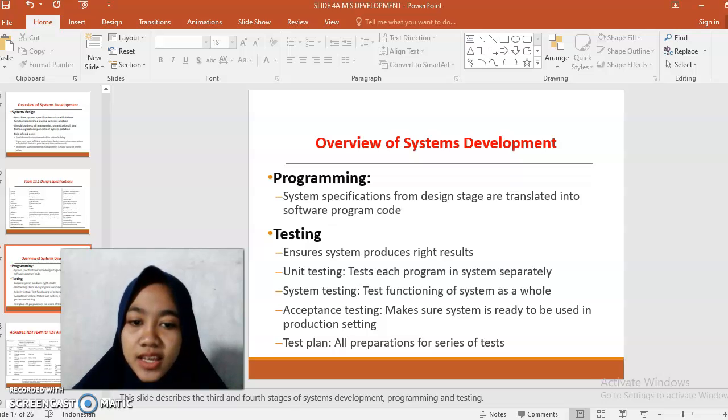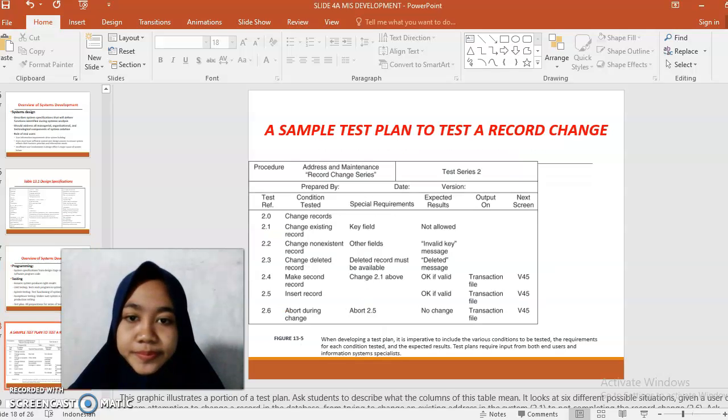System testing tests the function of the system as a whole. Acceptance testing makes sure the system is ready to be used in a production setting. A test plan is all the preparation for a series of tests. This is a sample test plan to test a record change.